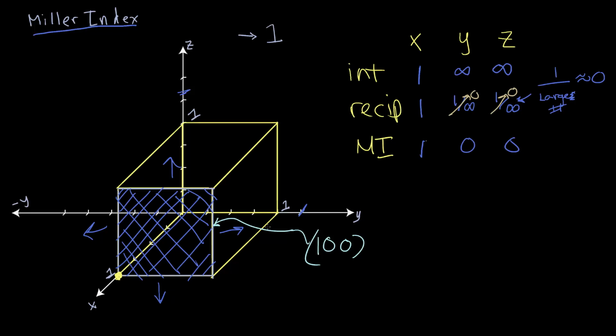We have a fairly universal way of describing this plane, this face of the crystal. It is the 100 plane, or the 100 face, you'll hear people say. And this is a really good way of describing different parts of the unit cell to other people.